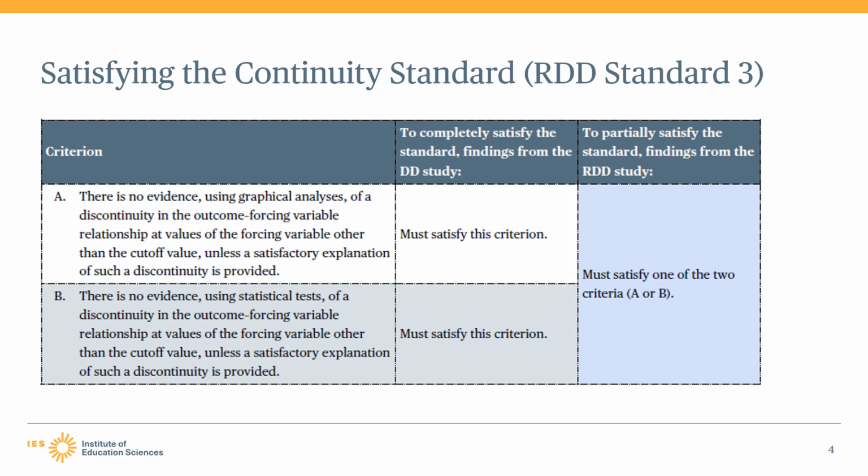To partially satisfy the continuity standard, an RDD study must meet at least one of these two criteria. If an RDD study does not satisfy at least one of these criteria, the study findings will not satisfy the continuity standard. We will now describe each of these criteria in greater detail.